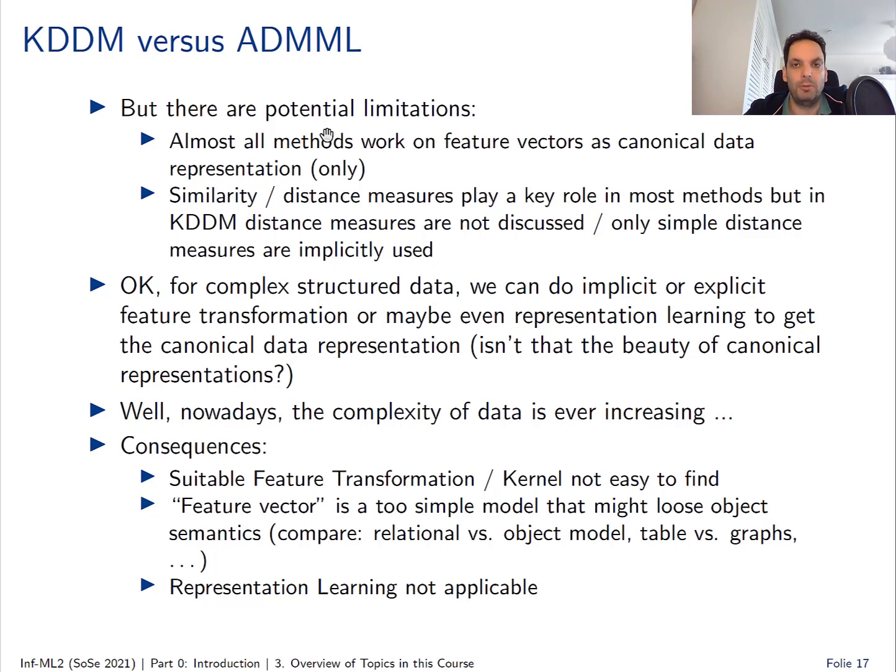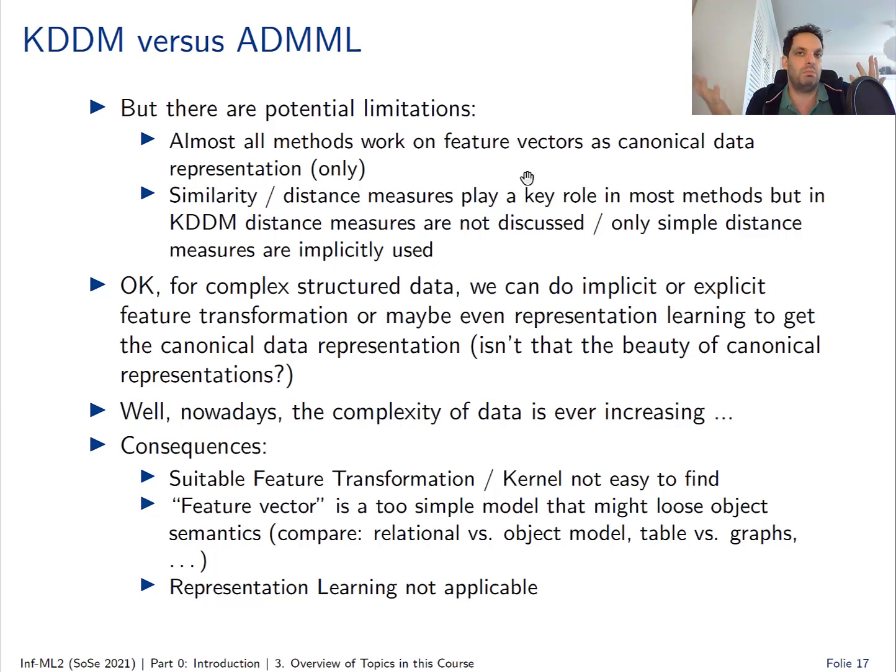So what is the purpose of advanced data mining and machine learning methods? Well, almost all of those methods from KDDM work on structured data, meaning typically they use feature vectors as the canonical data representation, which is perfect, because very often you can just transform any kind of data into this canonical representation.